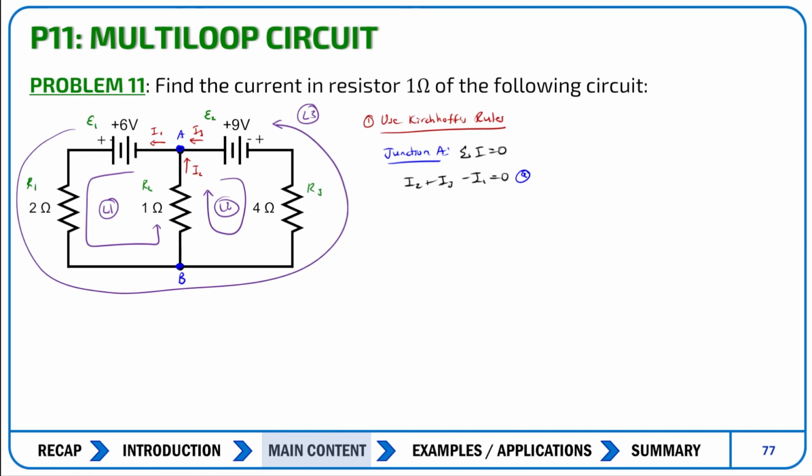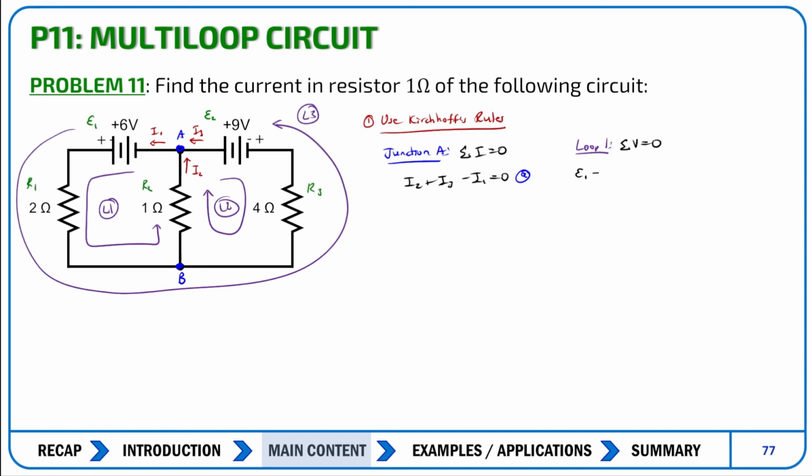Next, we have loop. We're going to use loop 1 for this. And in loop 1, we know that the total sum of the voltages must be equal to 0. So in loop 1, I start off with epsilon 1. Then I'm going to lose some voltage with the resistor.